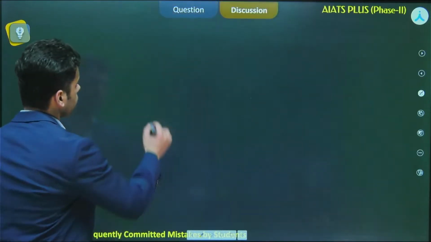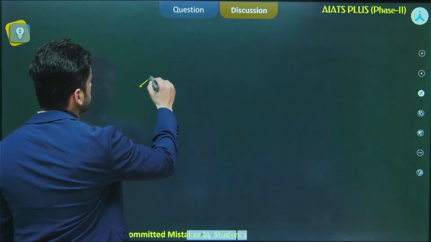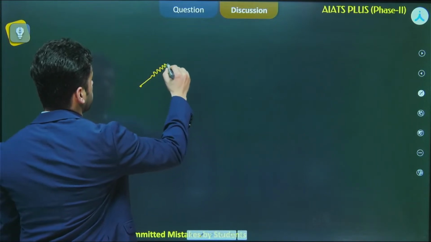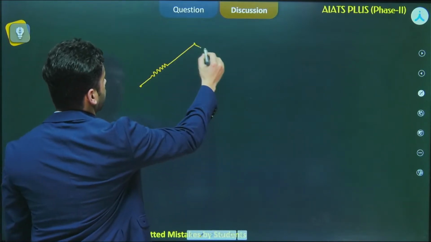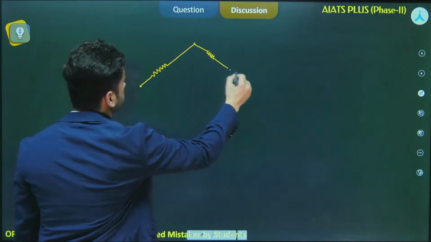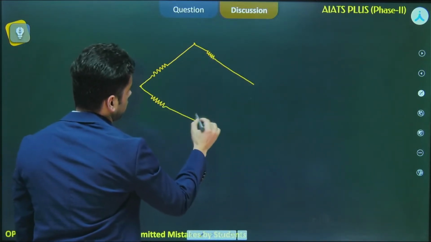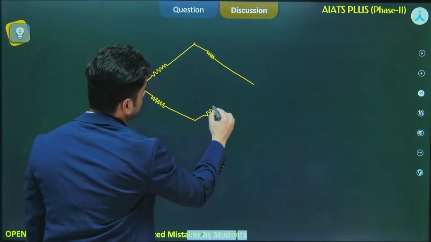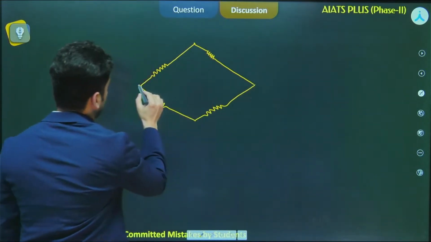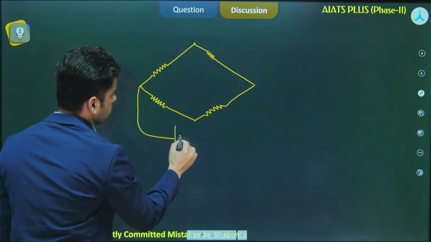So the circuit is something like this. I have one resistor like this, and one resistor like this, and one resistor like this, and one resistor like this, and a battery is connected like this.